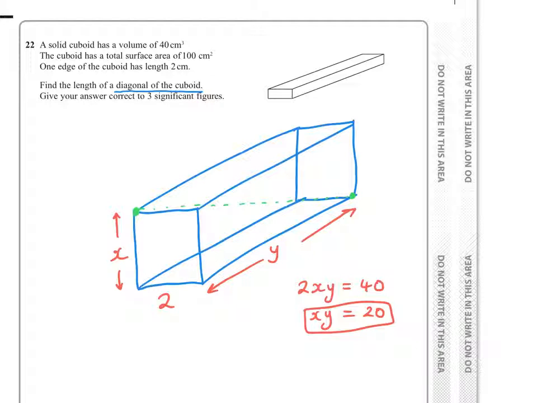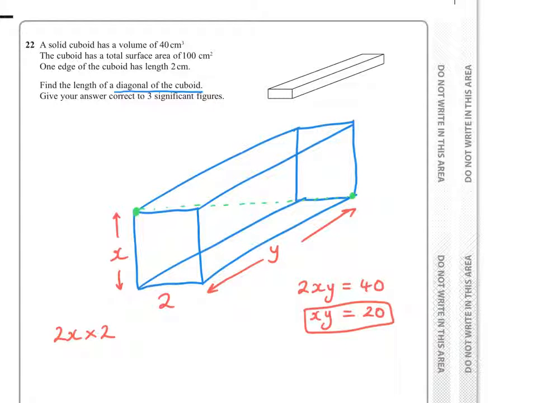So how do we get the surface area? Well, we can do 2 of these faces here first. So that will be 2 times x for one of them, and then doubled because there's 2 of those faces.